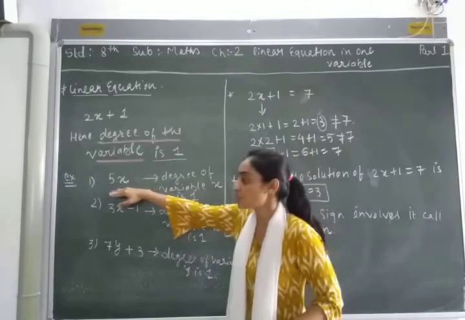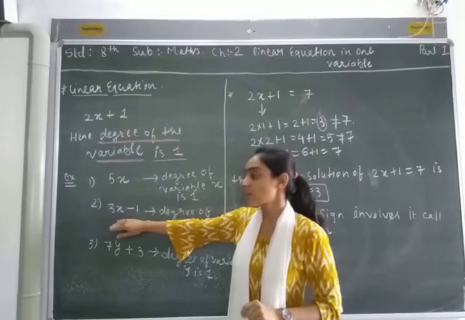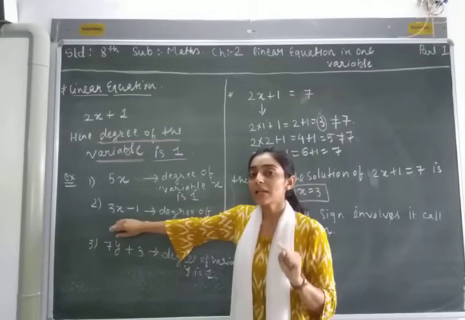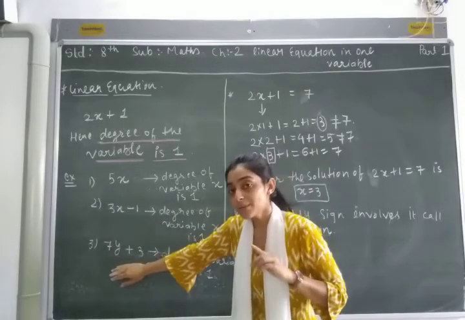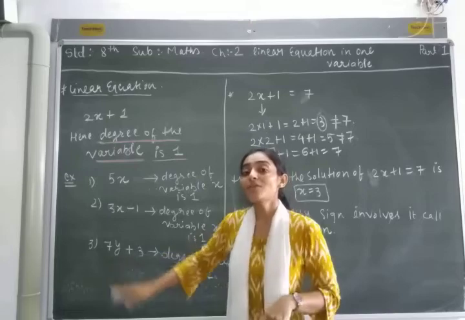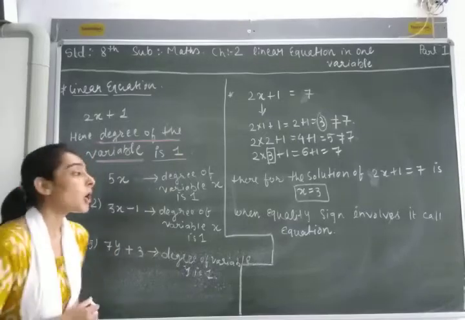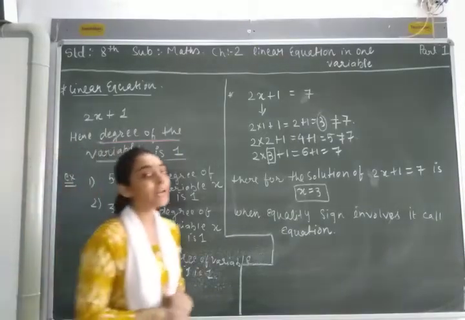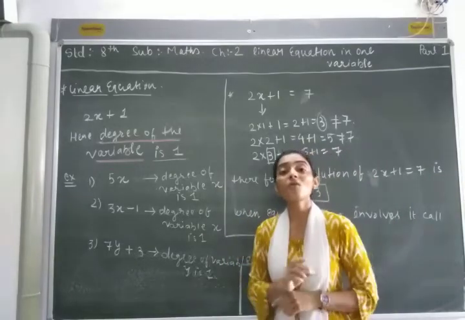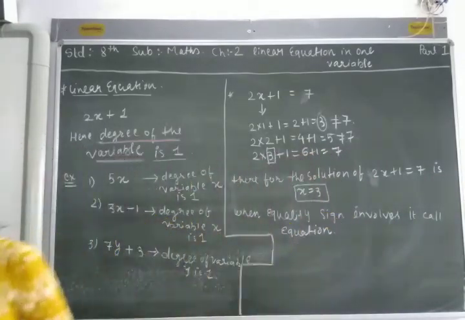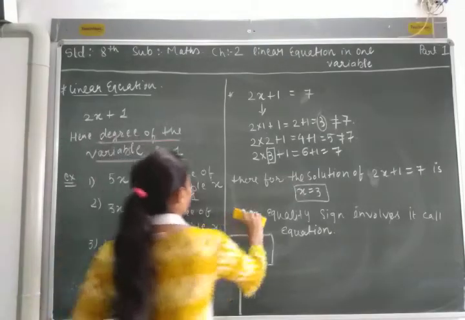So this one is a linear equation in one variable, this one also, and this one also. Why? Because these expressions have degree 1 and contain only one variable. That's why we call it a linear equation in one variable.